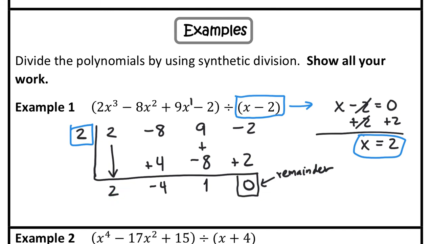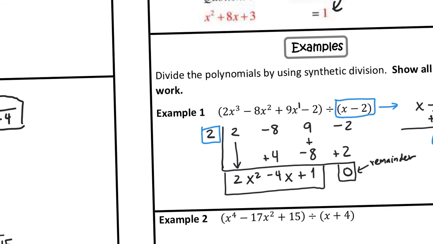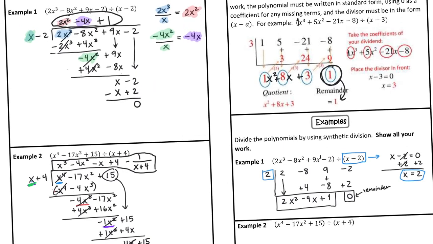So the 2 is going to be the coefficient of x squared. Then what's the next power down? x to the power 1, and then positive 1. So this is my answer. Does it match my answer that I got when I used long division?